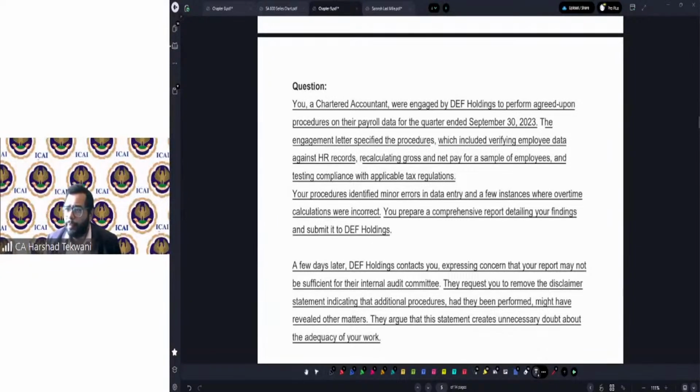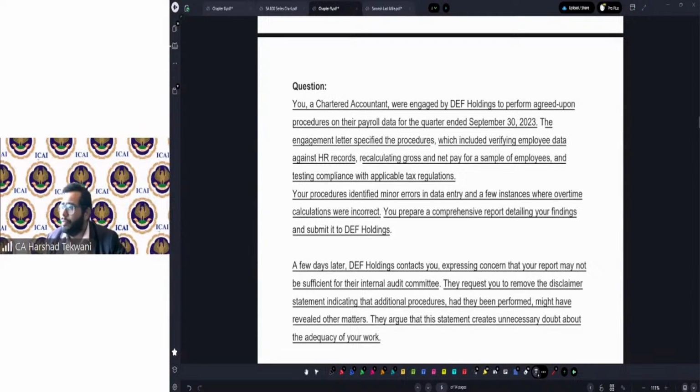Come on, quickly. Can we remove this particular statement if it is creating the doubt? Yes or no?